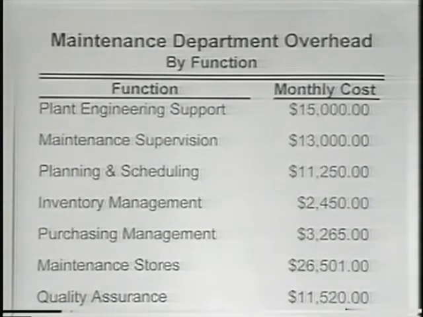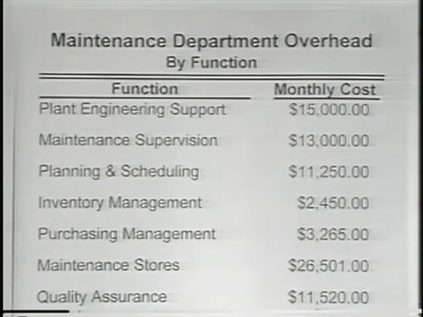Don't forget, these are non-craft activities. They're support activities which I refer to as overhead. We have the first one, which is plant engineering support, and that's $15,000. Now, that's a monthly cost.